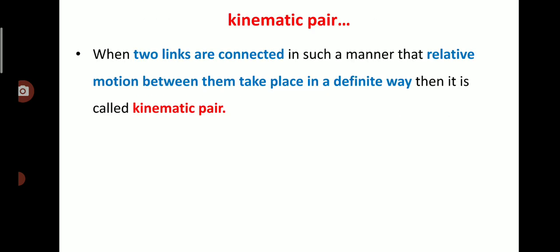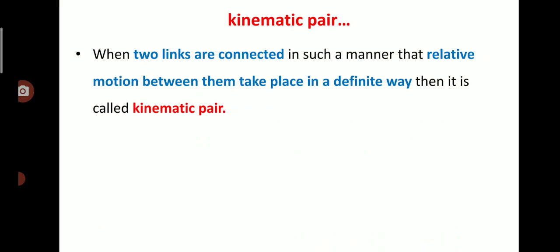Let us understand kinematic pair. After learning kinematic link and kinematic joint, now the third term coming under consideration is called kinematic pair. Pair means, we say many times that this pair is good, that pair is bad.